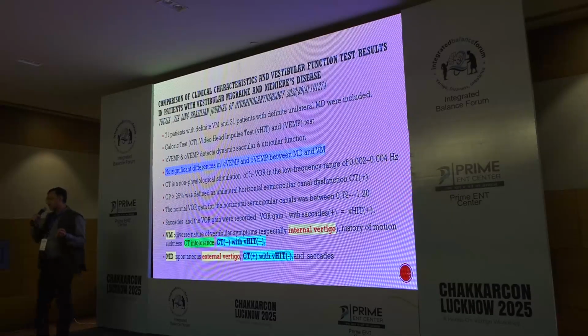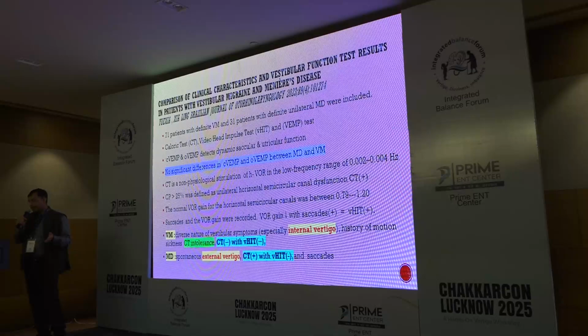Internal vertigo is a false or a distorted sense of self-motion, including spinning, swaying, bobbing, etc. And external vertigo is a false or distorted sense of surroundings. This you all know, but practically what is it? As Dr. Srinivas had told me a long time back, it is basically what a normal person feels during calorie test with eyes closed is internal vertigo, and feels with eyes open is external vertigo.